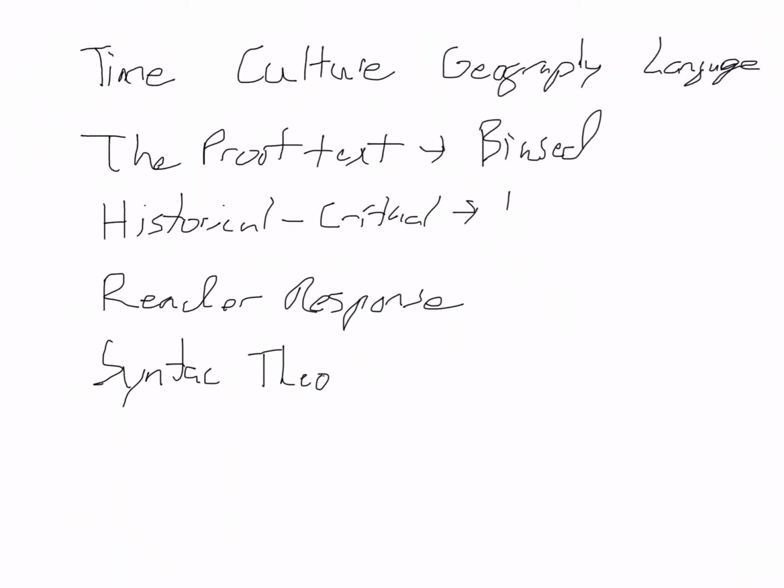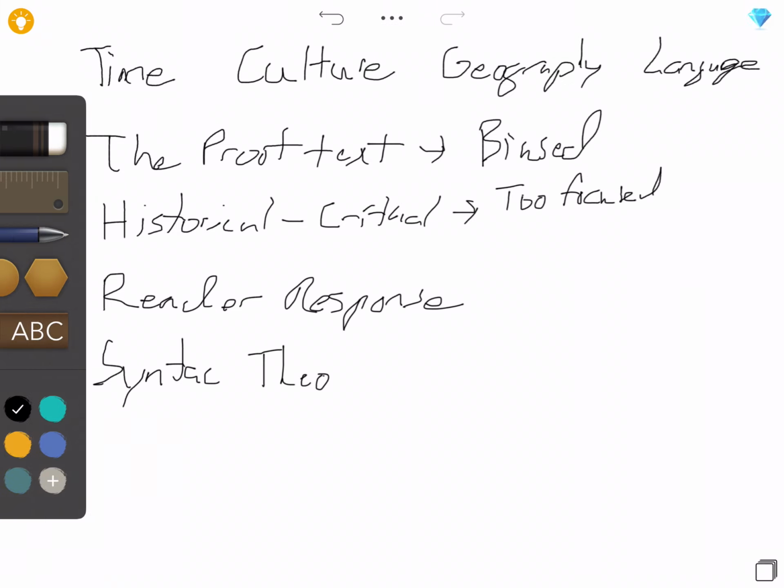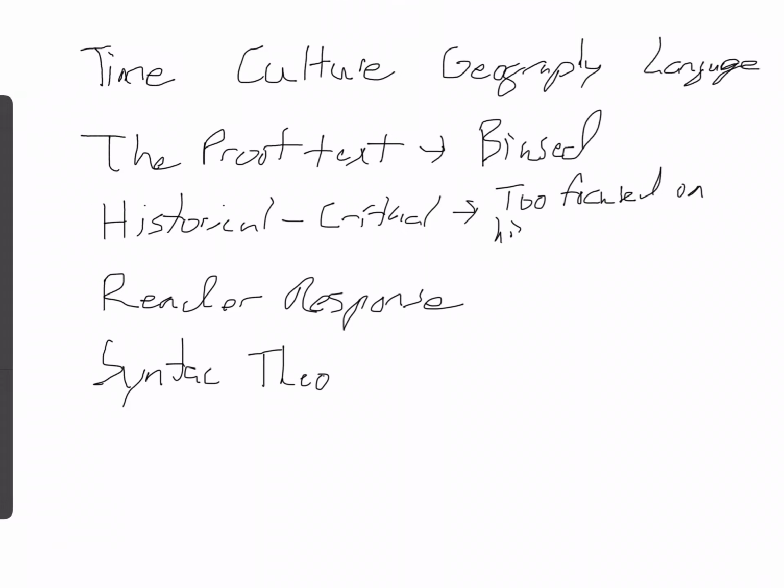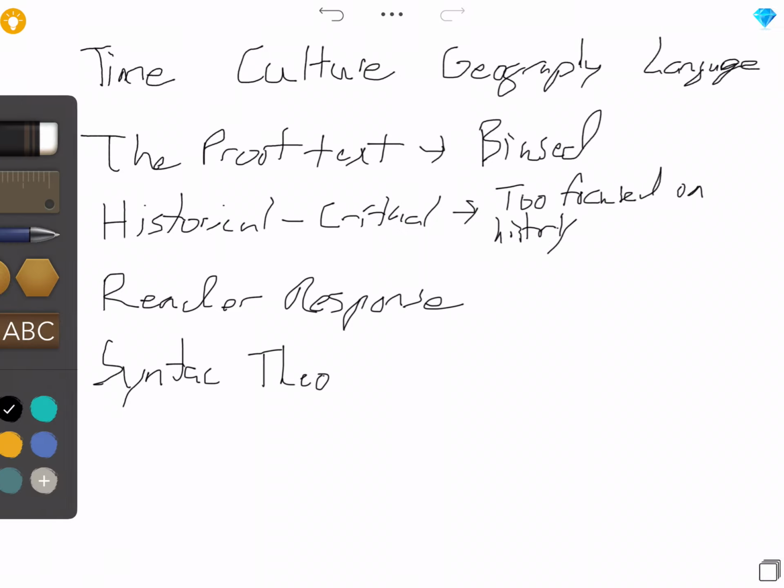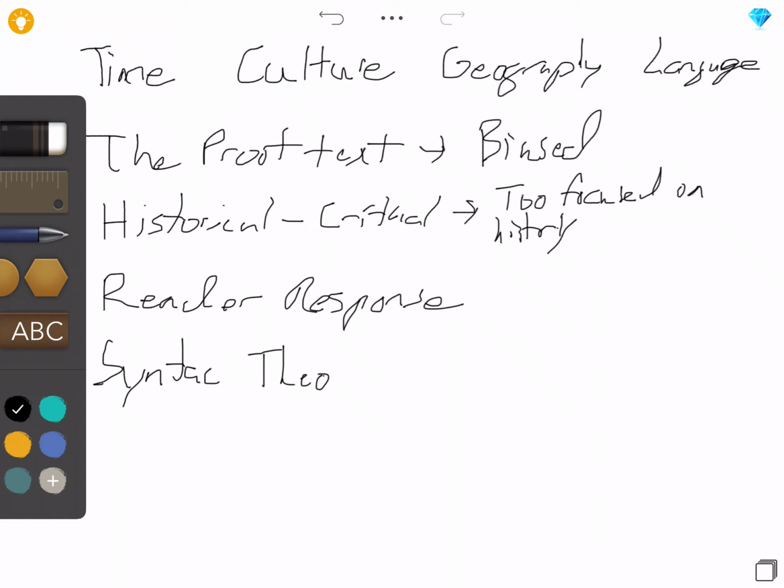However, it's often too focused on history and the historical context of the text, and often doesn't put a lot of weight into the language that the author used, and really doesn't even seem to care that much about the actual meaning of the text, apart from the history behind what is written.